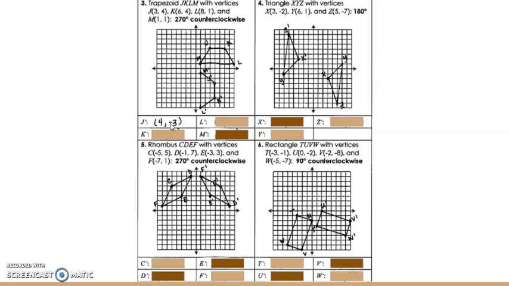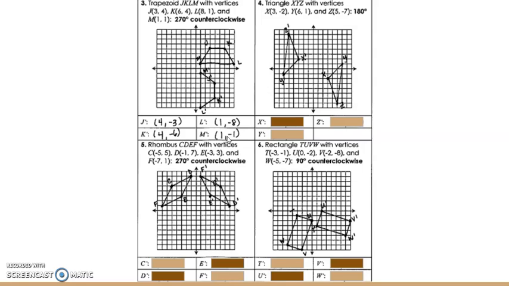For K, 4 and 6 are going to switch, and then 6 becomes negative. L, 1 and 8 are going to switch, and 8 becomes negative. For M, 1 and 1, even if we switch it, it's still 1 and 1, but then I'm going to change it to 1 comma negative 1.